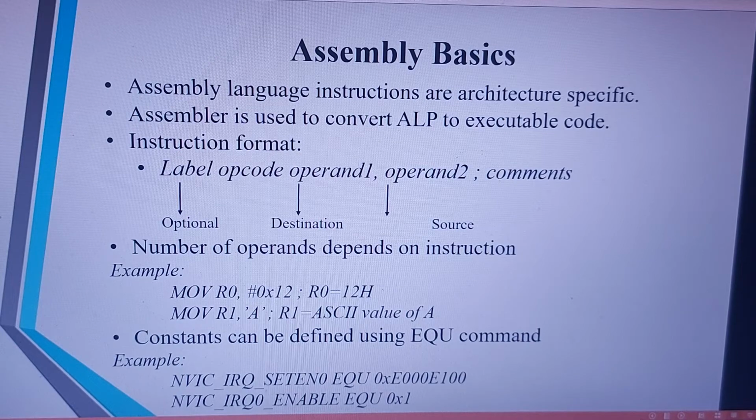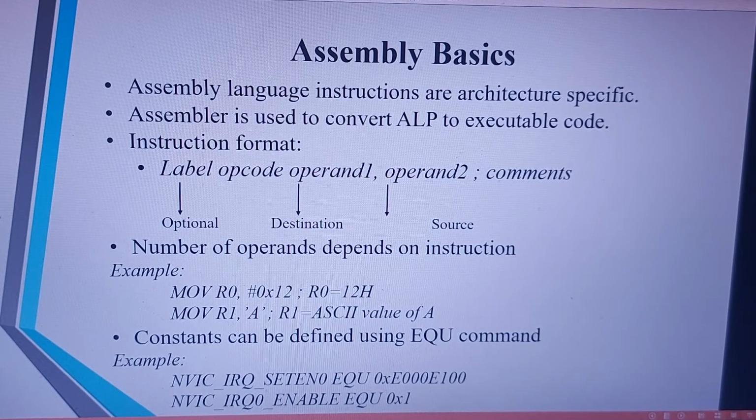It is a logical mistake, not a syntax mistake. So the assembler does not show an error for that, but the output we get will be wrong. So it is always better that we define a meaningful name for the constant, and those names will be used in the program.